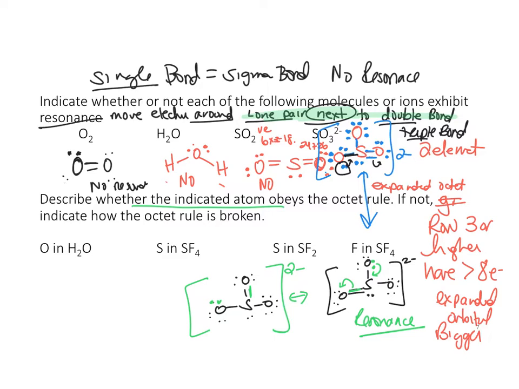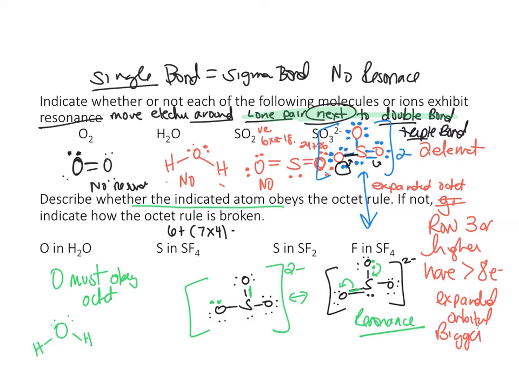So oxygen and water. Oxygen must always obey the octet rule. Okay, so that means it will have 8. Sulfur in SF4. Well, sulfur is 6 and fluorine is group 7.